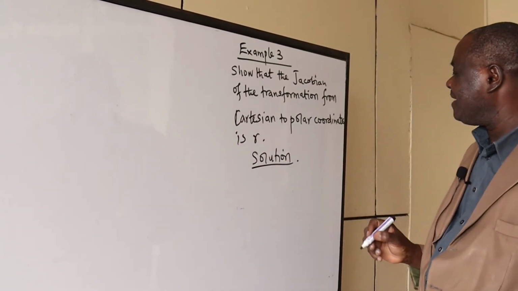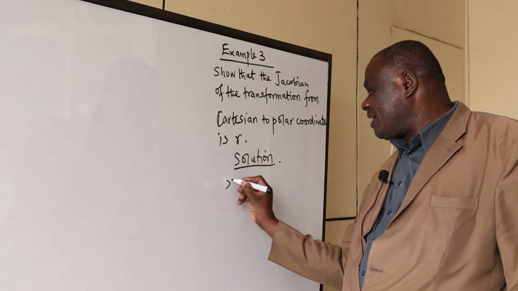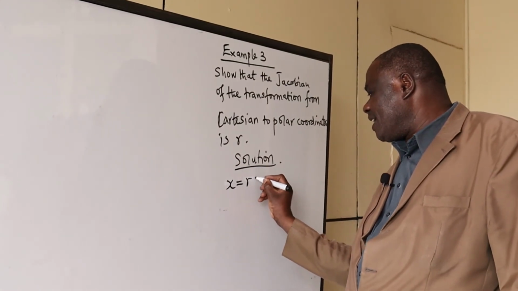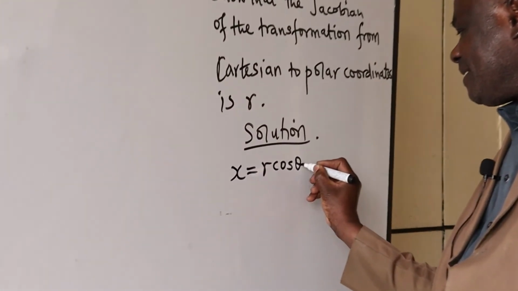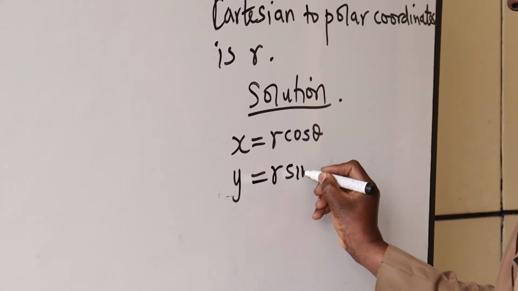So we say x is equal to r cos theta, y is equal to r sin theta.